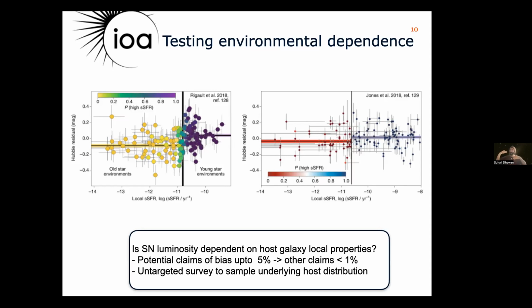if you fit everything with a single dust law, then that might show up as a residual step. Now, there's debate about whether that's dominant, or whether there are local properties, like secondary effects in the progenitor, like metallicity, the presence of neon 22, that are essentially leading to intrinsic differences in the luminosity.